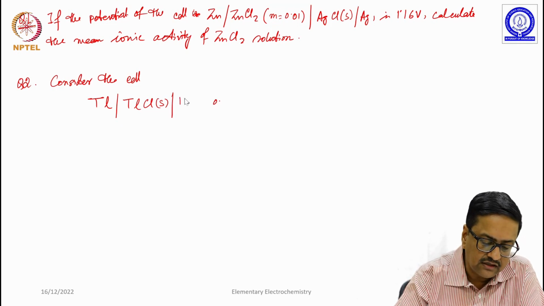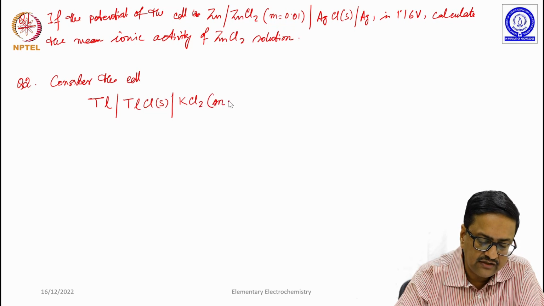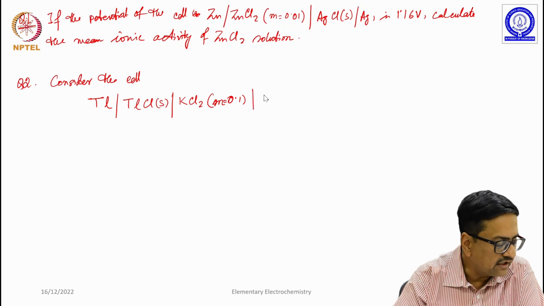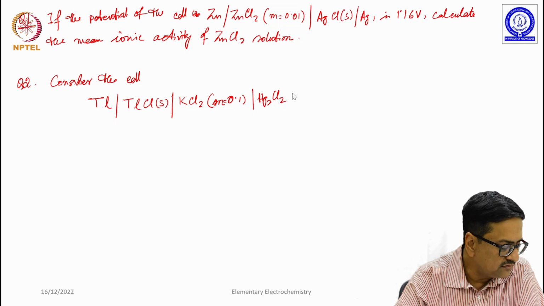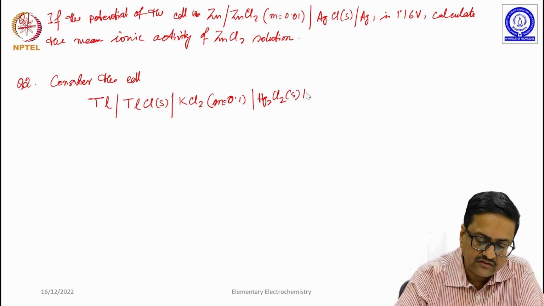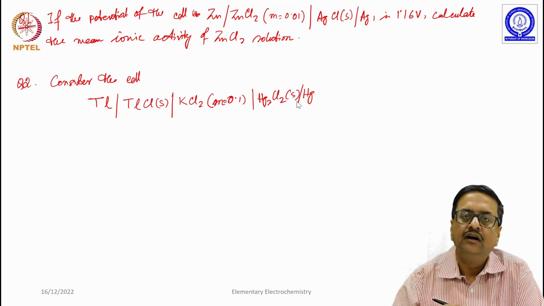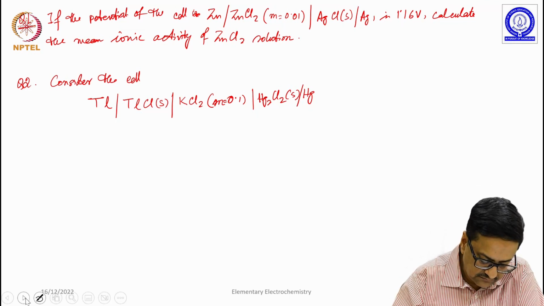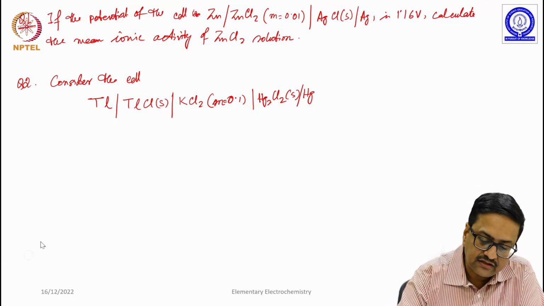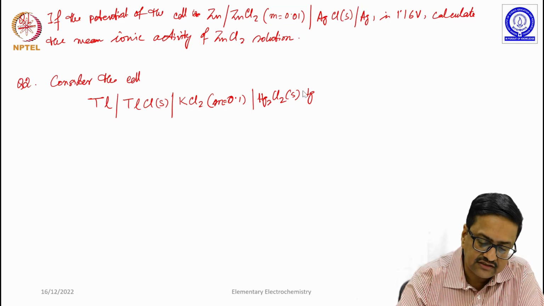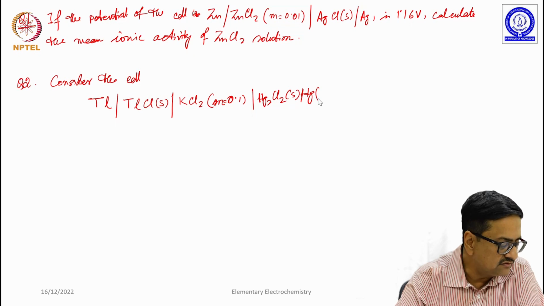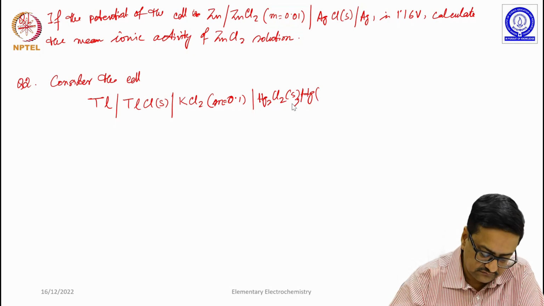It is in connection with KCl solution of molality 0.1, and at the other end the electrode is Hg2Cl2 solid with mercury as your electrode. I think one should not write this slash, because slash indicates a phase boundary. One should write just comma.